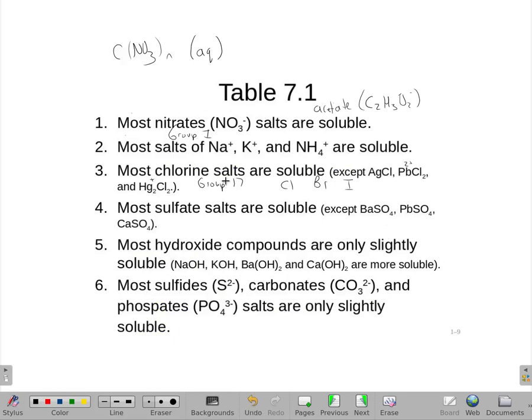And the next one's another one that's absolute. Sulfates are pretty much always soluble except for barium, lead, and calcium. And 5, most hydroxide compounds are only slightly soluble. I'm going to underline these two because we're not really going to ever talk about those, because they are slightly soluble.